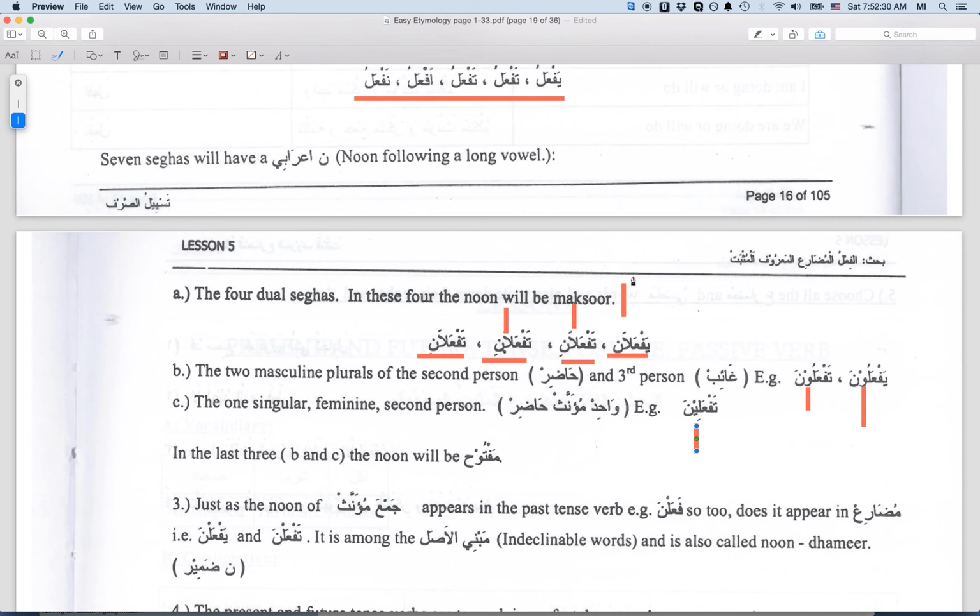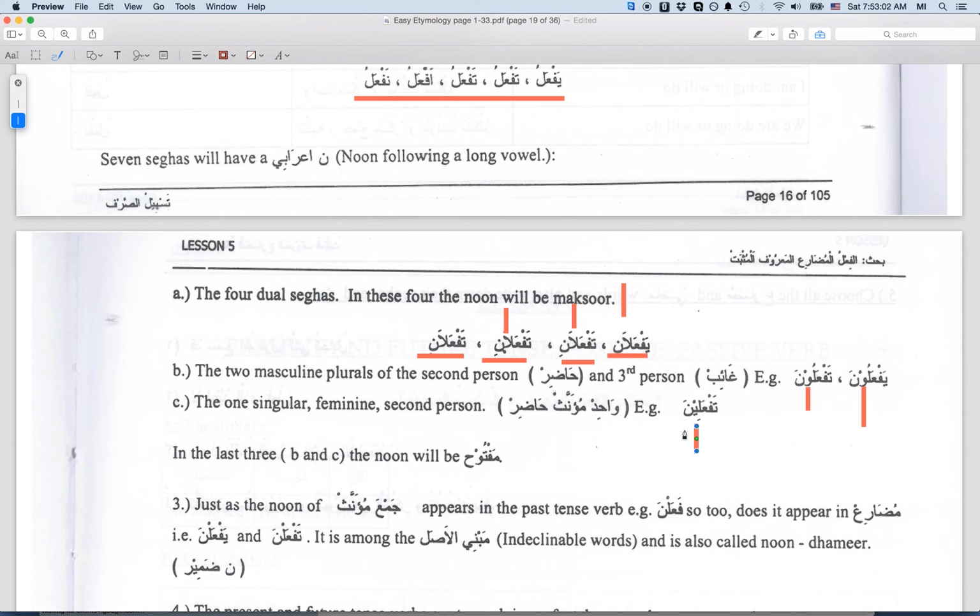So number 2 will be يفعلون, this is the جمع مذكر غائب. تفعلون, this is حاضر, جمع مذكر حاضر.